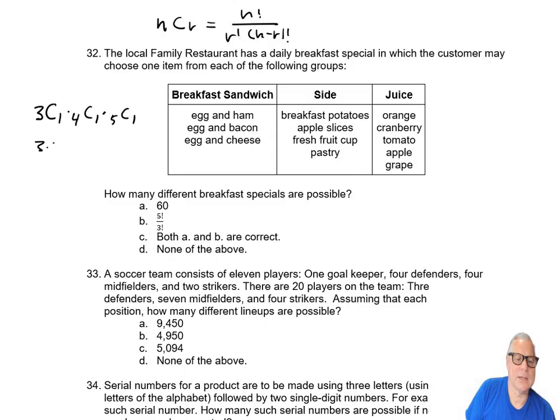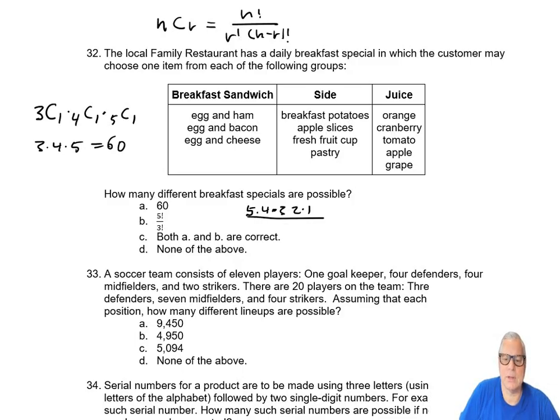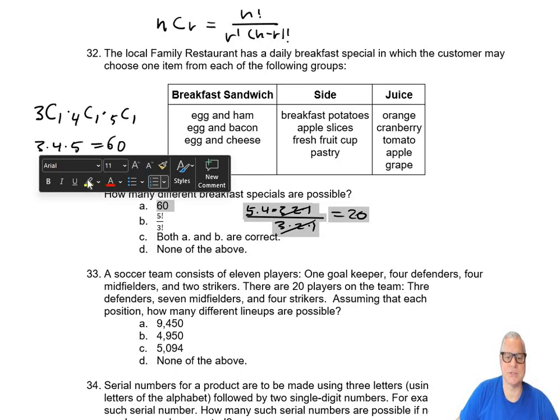So 3 times 4 times 5, and that is 60. Is 5 factorial over 3 factorial also 60? We have 5 times 4 times 3 times 2 times 1 over 3 times 2 times 1. So this would be only 20, so the correct answer is only A, 60.